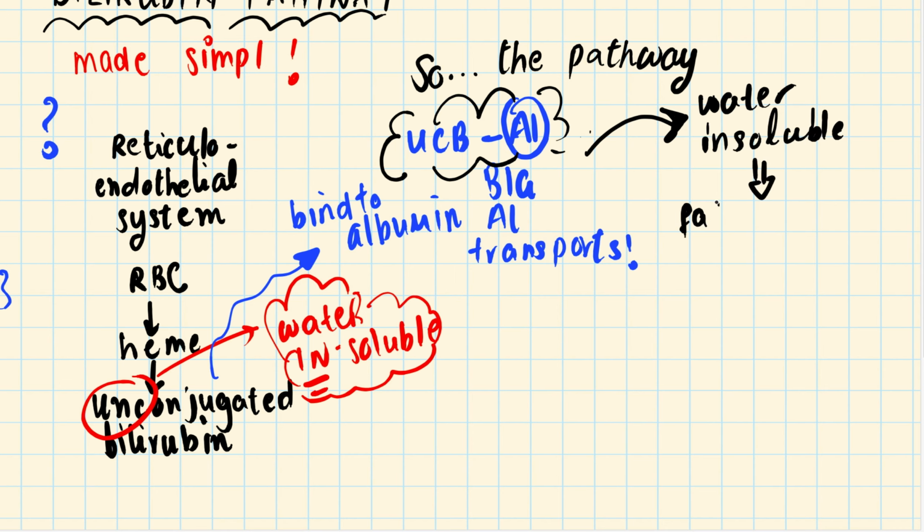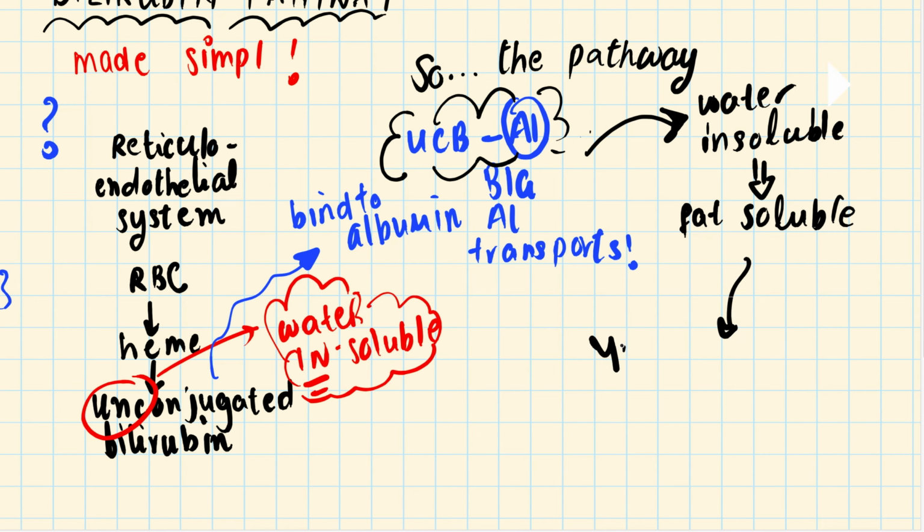Before that, one more important concept for you clinicians out there, for your students out there who want to be able to diagnose your patient when they present with a pathology. When it's water insoluble, that is the same thing as fat soluble.